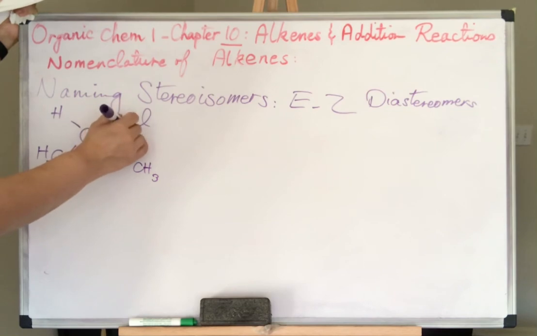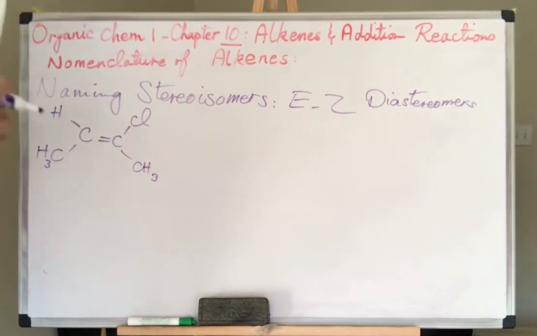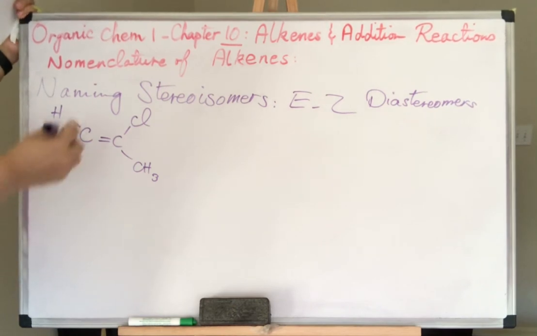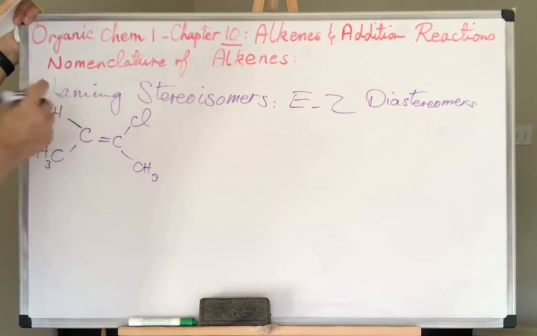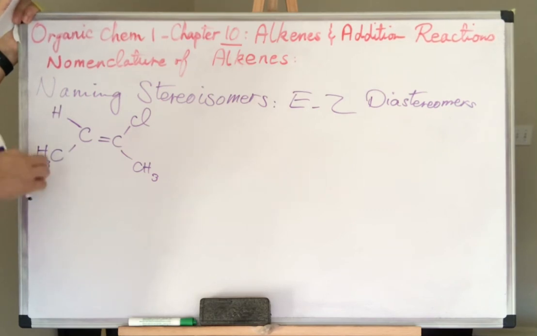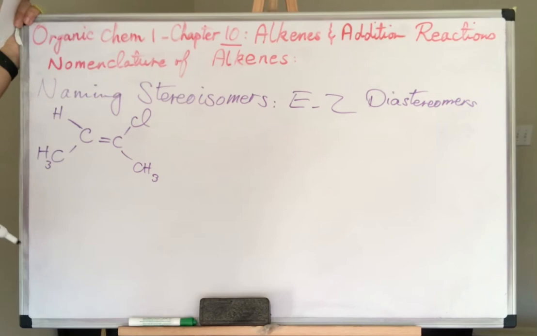Do you remember the priority on the groups? These rules, priority of the groups, remember we used to find them by atomic number. So now on each carbon of double bond, we need to choose the priority of the groups connected to each carbon of double bond by the atomic number.